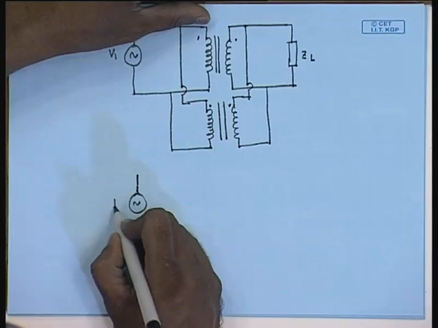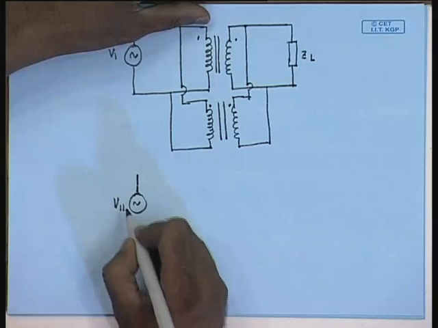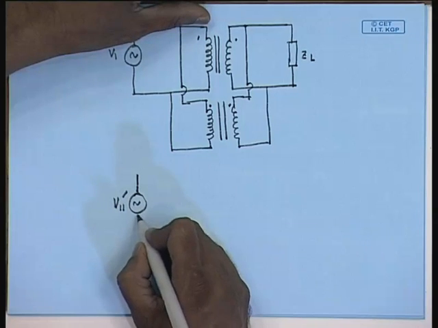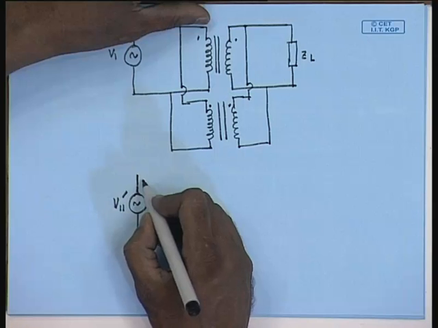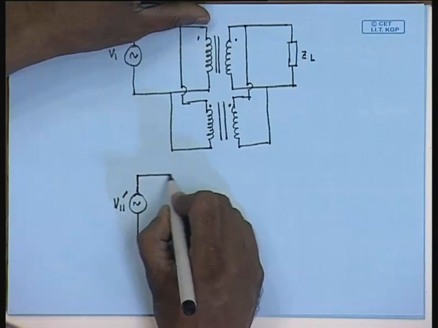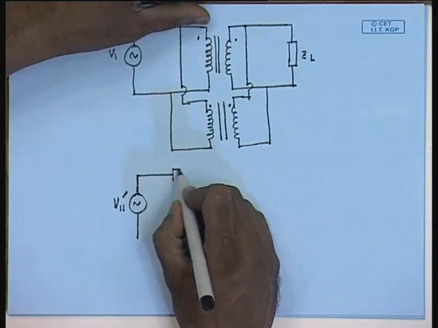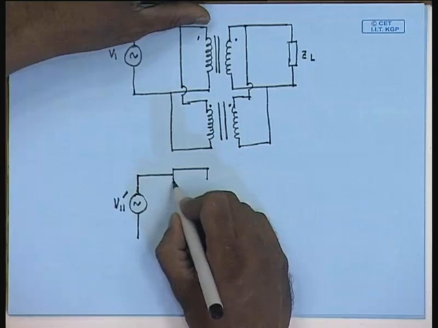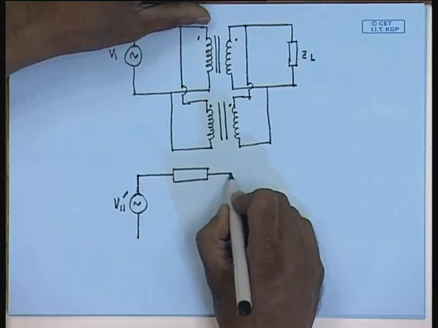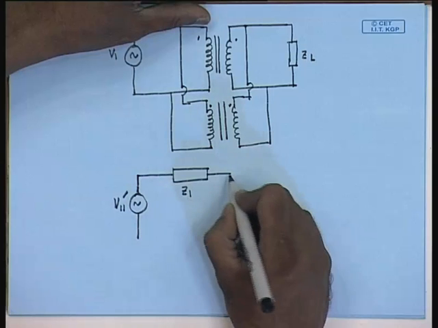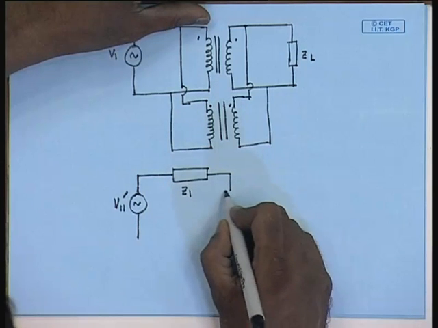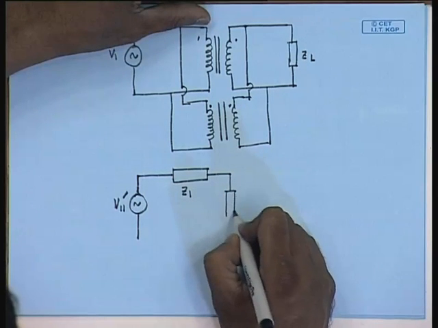So, this will be V11 dash, that is with respect to the secondary of the first transformer. This is the series impedance of the first transformer, and this is the load impedance.